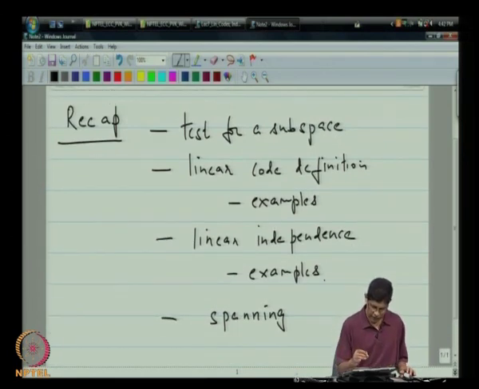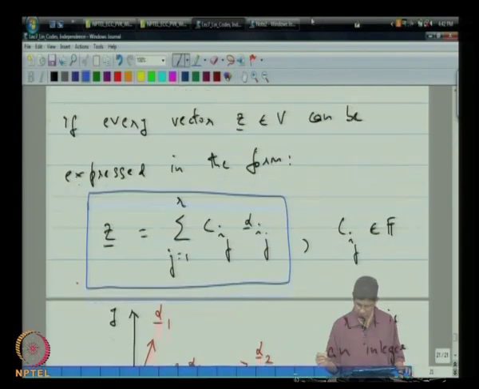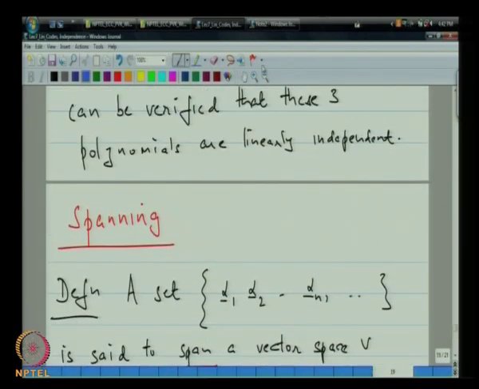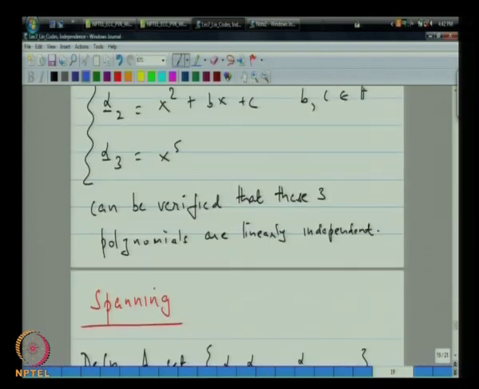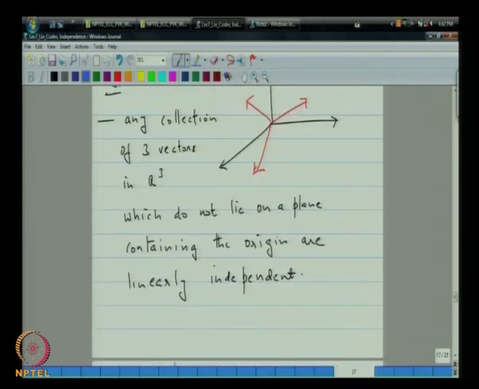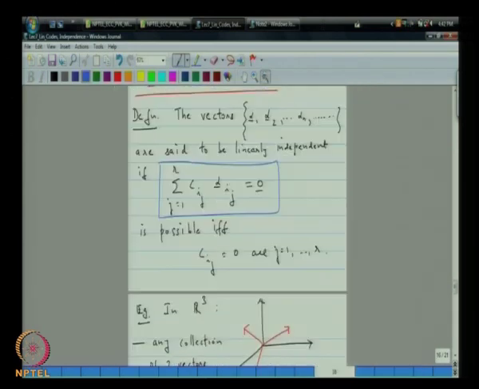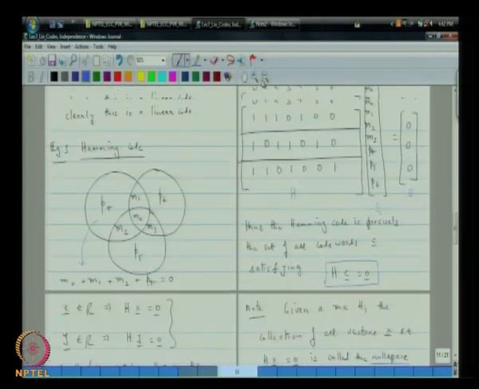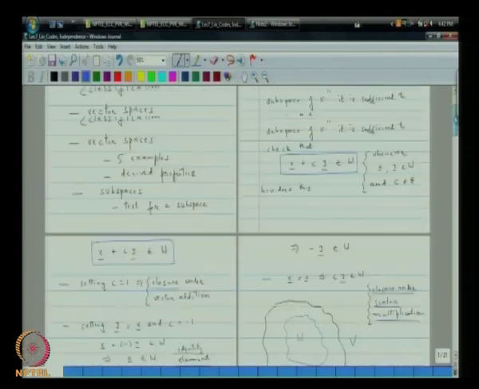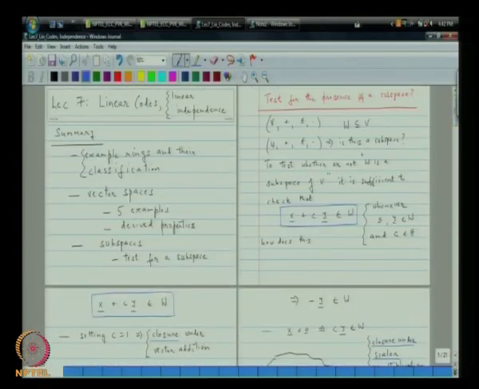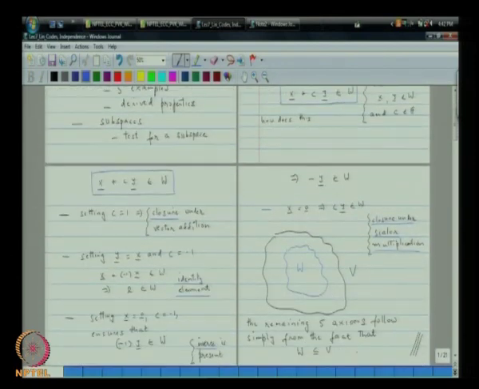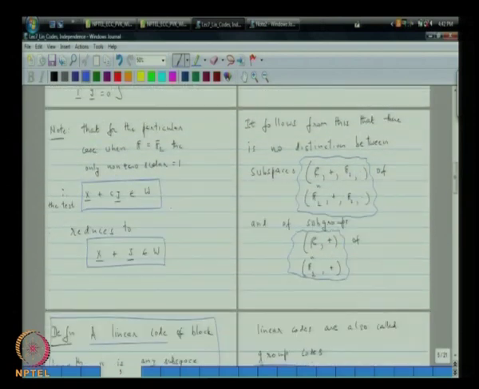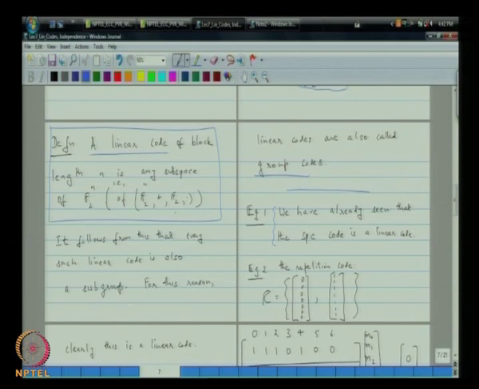Let me quickly go over our last lecture. I will zoom out, since the intention is just to give a quick overview. We began by talking about linear codes and linear independence, testing for the presence of a subspace. Then we defined what it means to be a linear code.